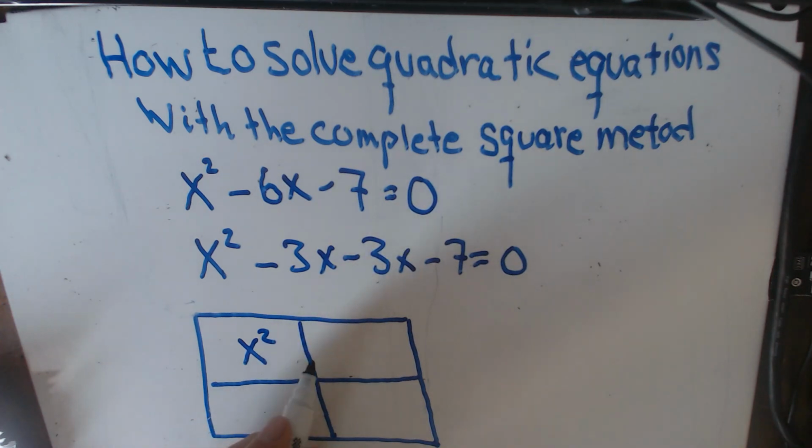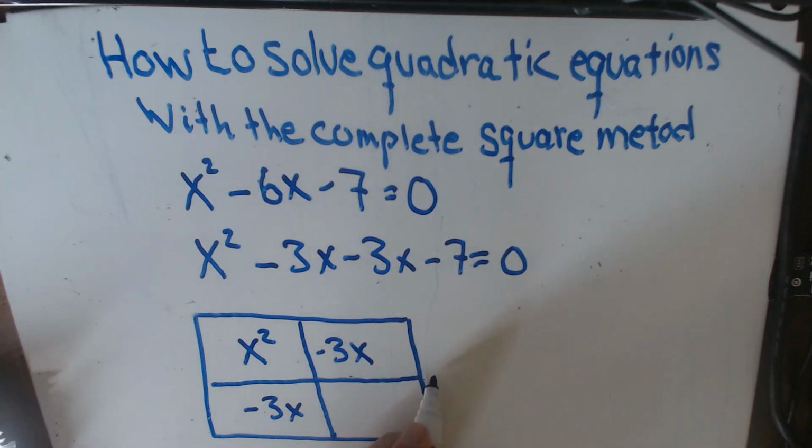And in the second rectangle, the second term goes, so minus 3x. And the third term goes into the third rectangle, so it's minus 3x. And minus 7 goes outside the rectangle, like this.